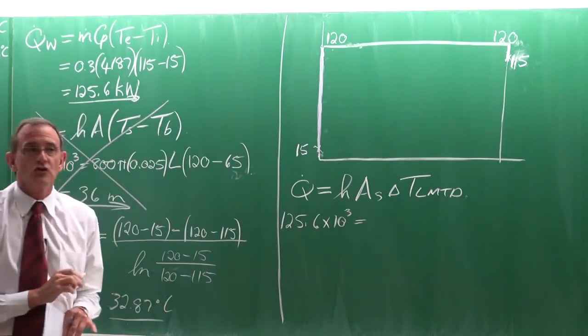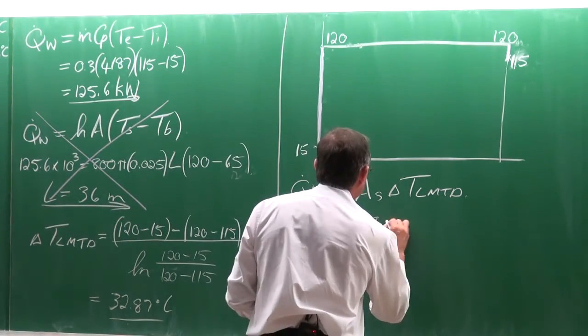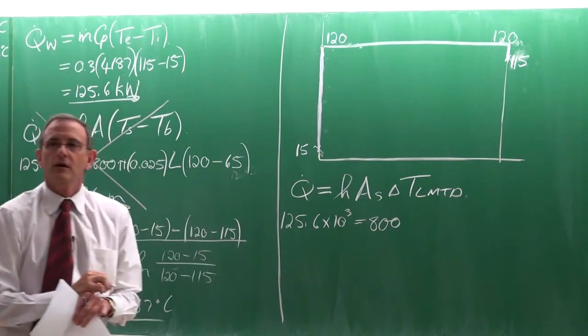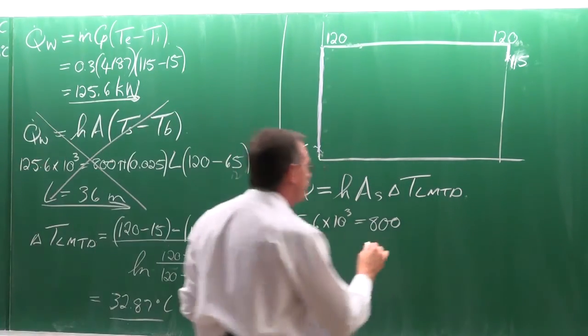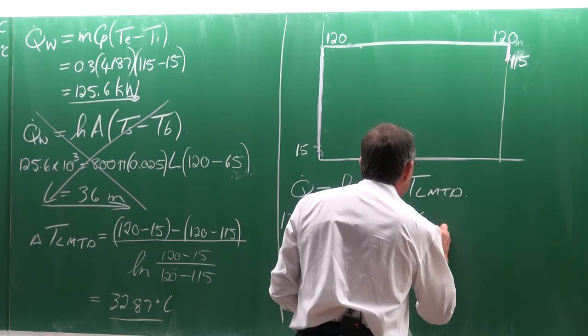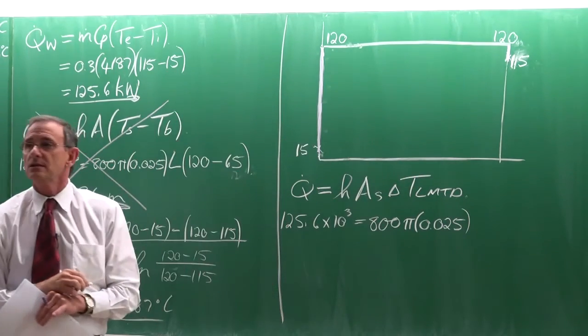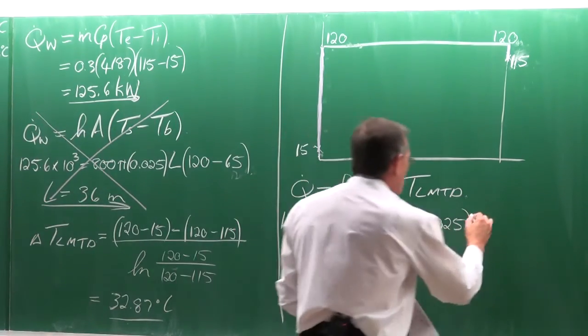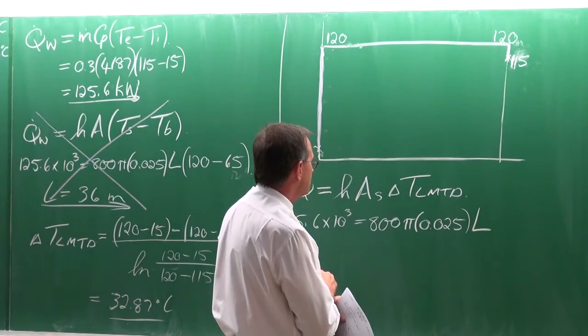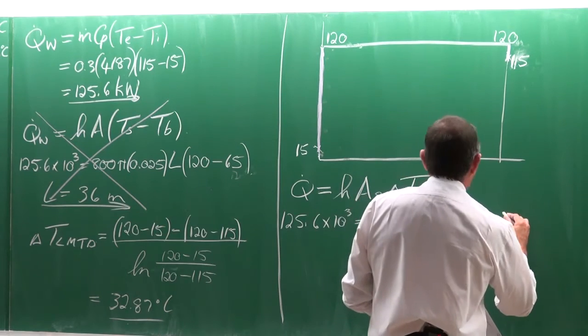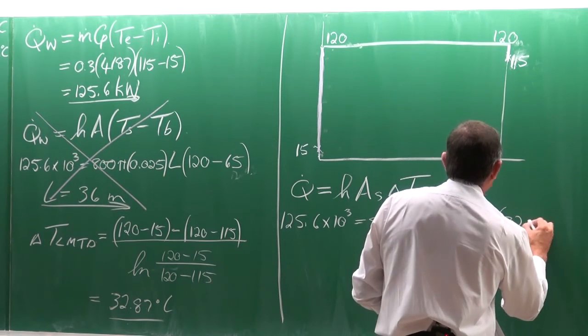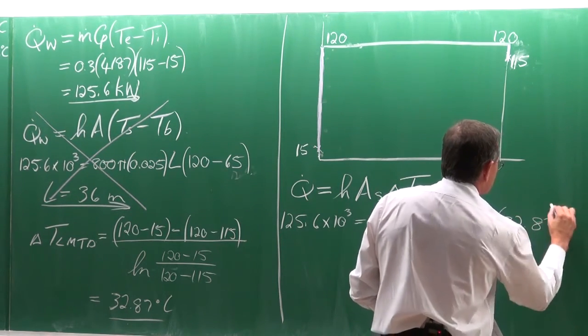It's equal to the heat transfer coefficient, which is 800, multiplied by the surface area, pi multiplied by the diameter, which is 25 millimeters, multiplied by the length, and multiplied by the LMTD, which is 32.87 degrees Celsius.